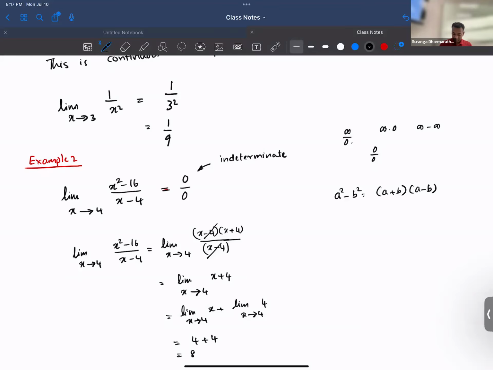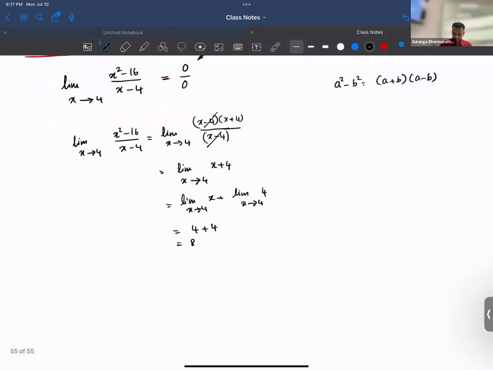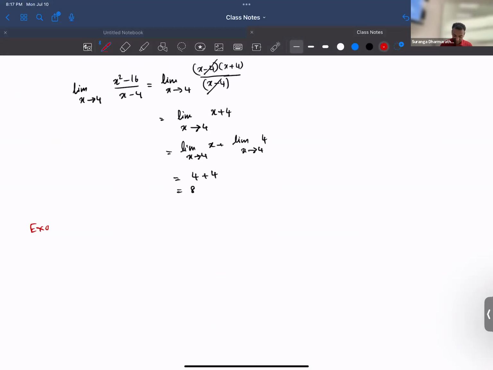Let's take a look at this. Example 3. So we have limit x goes to 3 of x squared minus 4x plus 3 divided by x squared plus x minus 12.